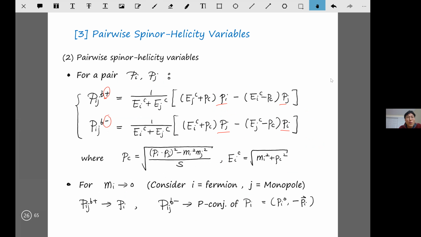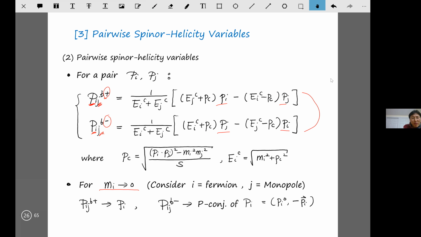For the rest of my talk, I will think of the first as a fermion and the second as a massive monopole. Again, this formalism works in the arbitrary case, but here I'm constraining myself to I being a fermion and J being a monopole. In fact, I will be interested mostly in the massless fermion case, so I want to study what happens if I take the fermion mass to be 0.